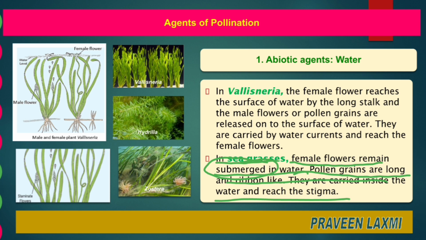The difference in both cases is that in Vallisneria the pollination takes place on the surface of the water, right? And in seagrass it remains submerged inside the water. This is the difference in water pollination between Vallisneria and seagrass.